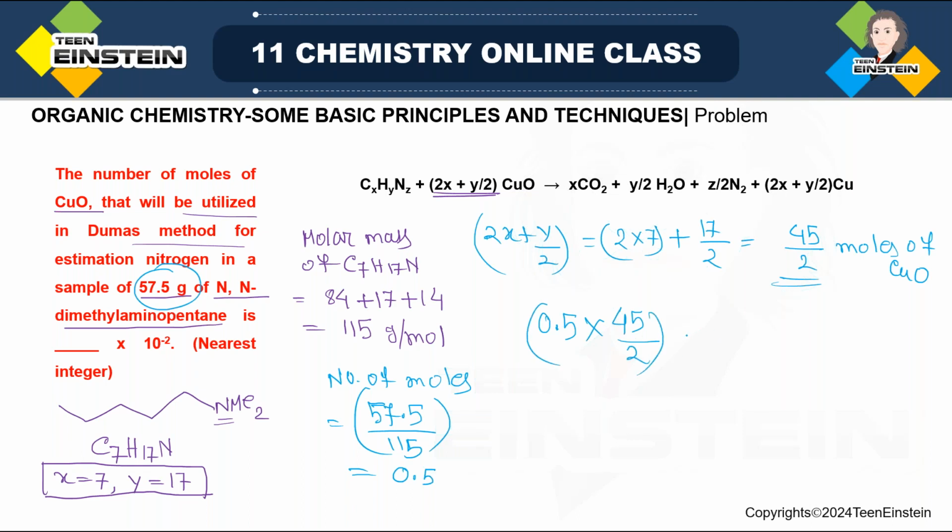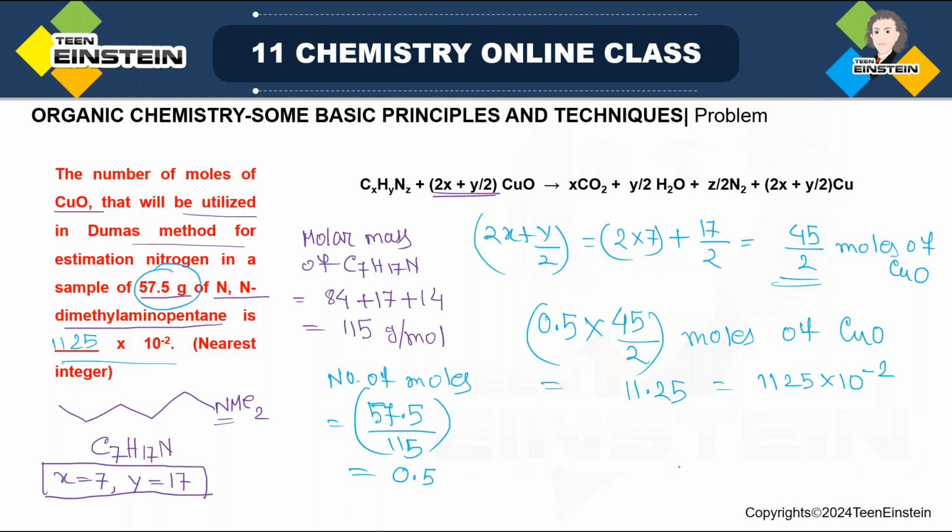So this is the number of moles of CuO that is required. Okay. And this is 11.25, but we have to express it in this format. So I will write it as 11.25 times 10 to the power minus 2. So this is the answer, nearest integer.